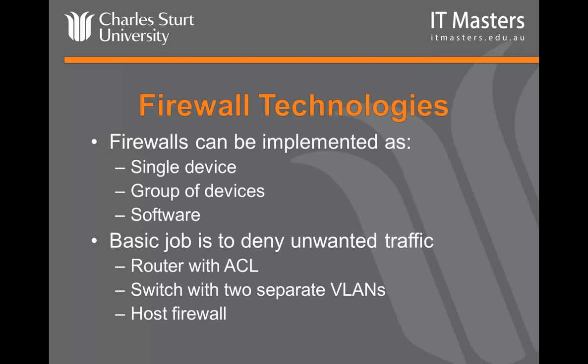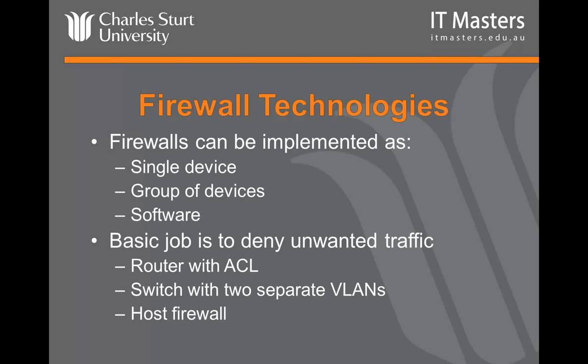Another example is a switch with two separate VLANs. If you have a switch with VLAN 1 and VLAN 2, for example, on it, and you don't have access to a layer 3 device, a router or a firewall or something similar, then traffic cannot pass between those two VLANs. In a typical ordinary configuration, they're not able to pass backwards and forwards between the VLANs.